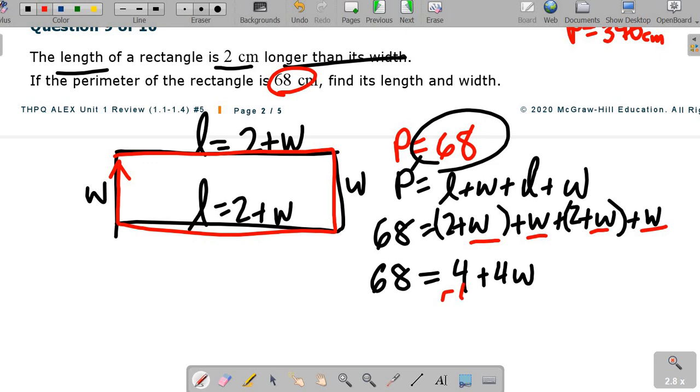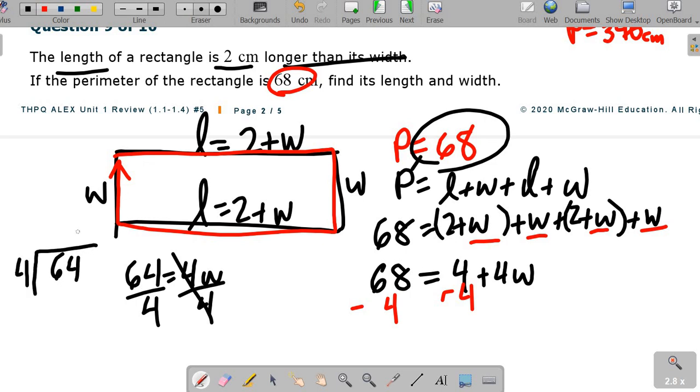And solve. So we have found that our width is 16, which means our length is therefore going to be 18.